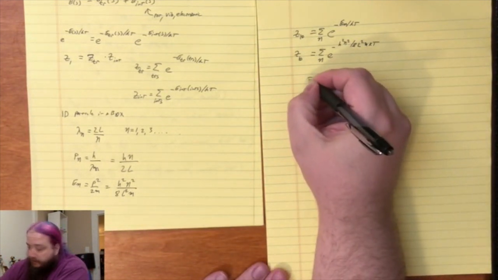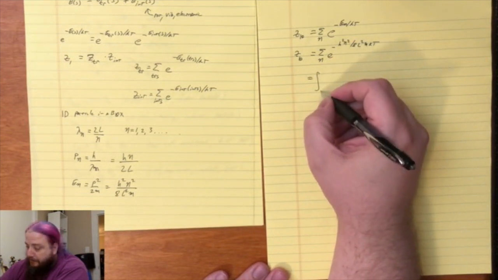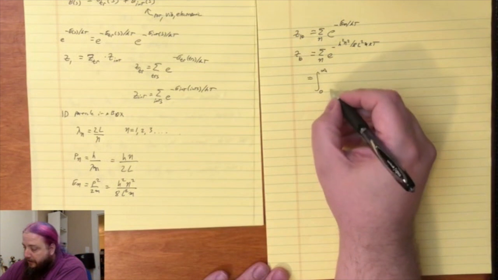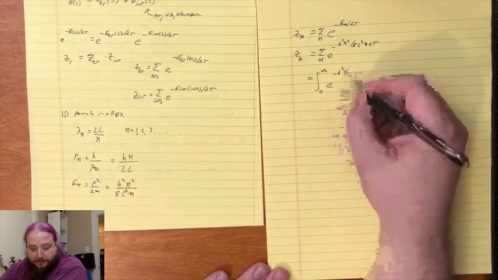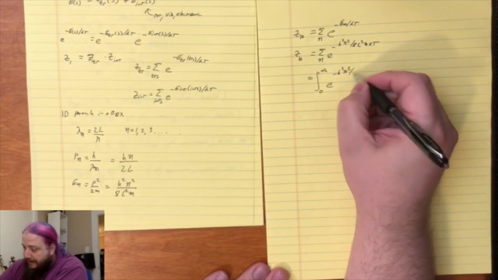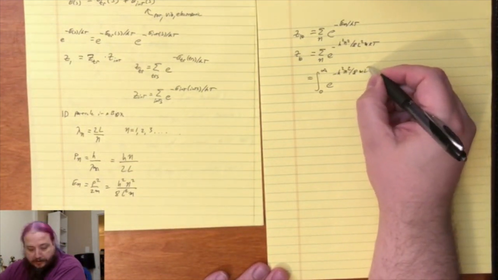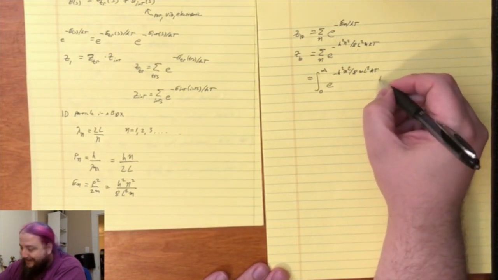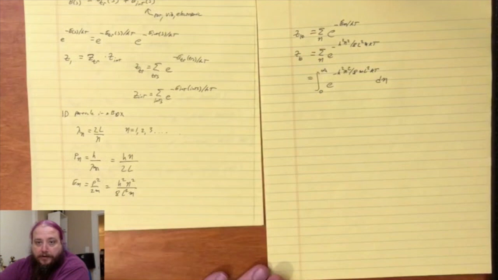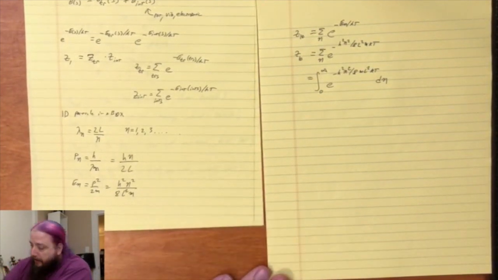We're going to approximate this as, again, the integral from 0 to infinity of e to the minus Planck's constant squared n squared over 8ml squared kT dn. We're integrating over quantum number n from 0 to infinity.